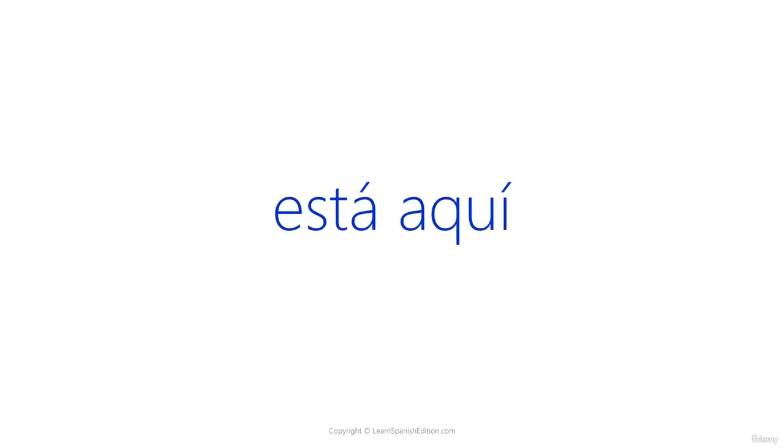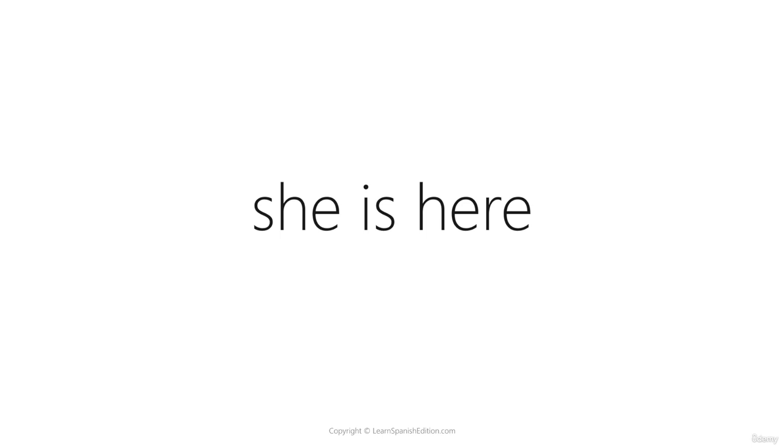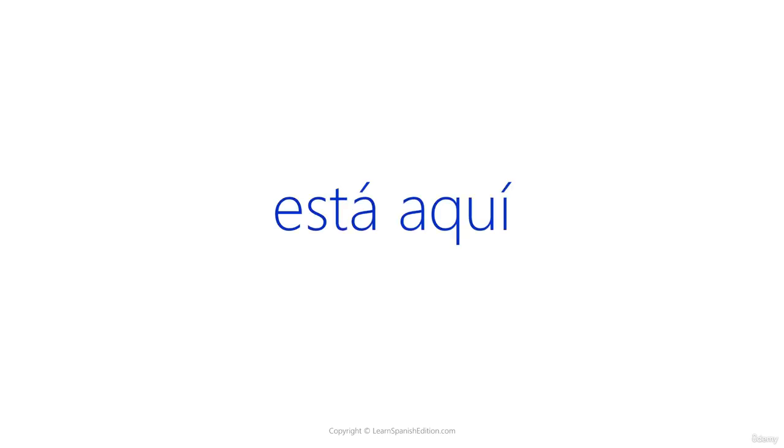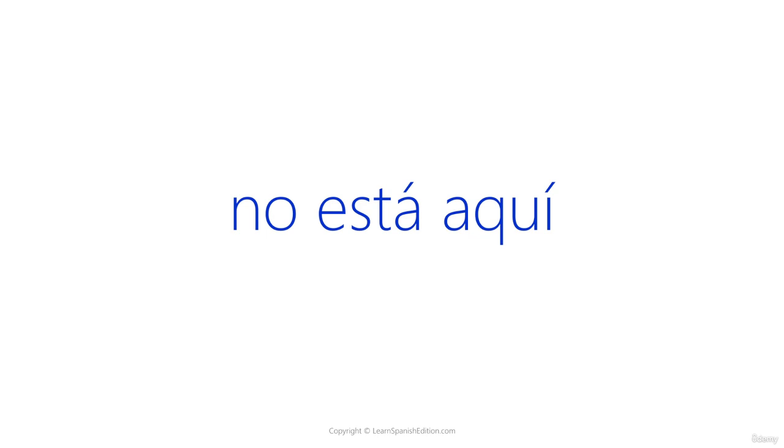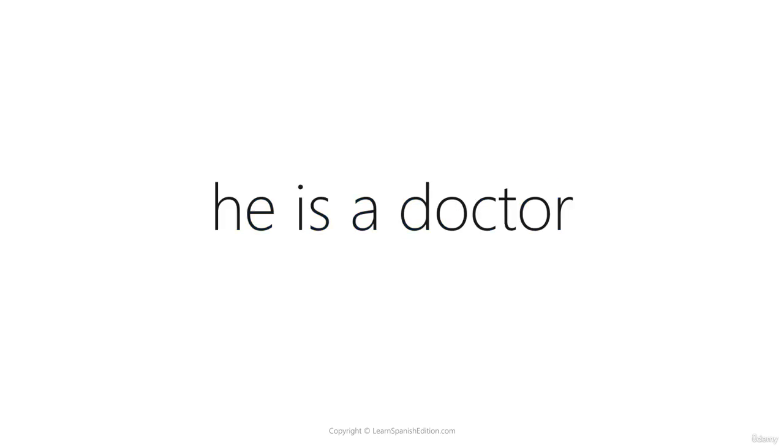How would you say he is here? Está aquí. She is here. Same again. Está aquí. What about she is not here? No está aquí. What about he is a doctor?